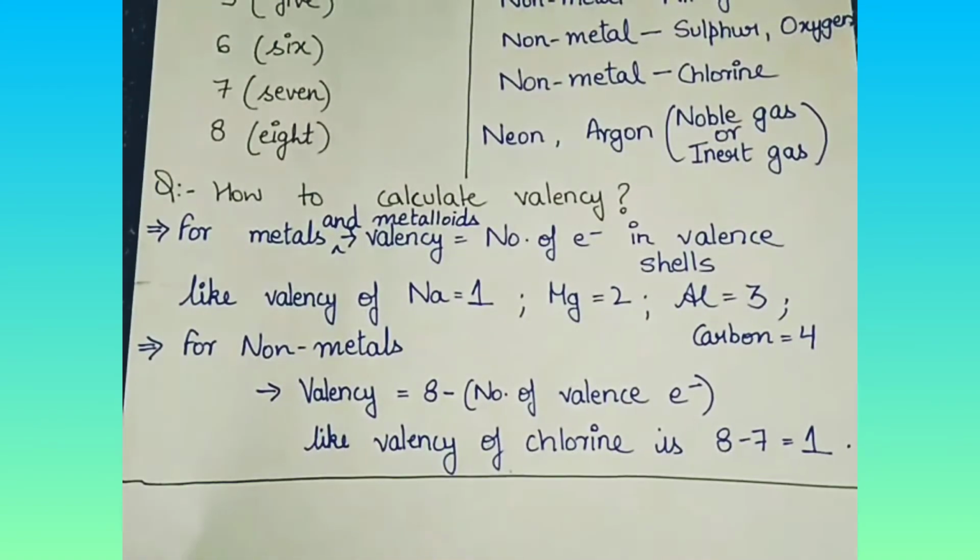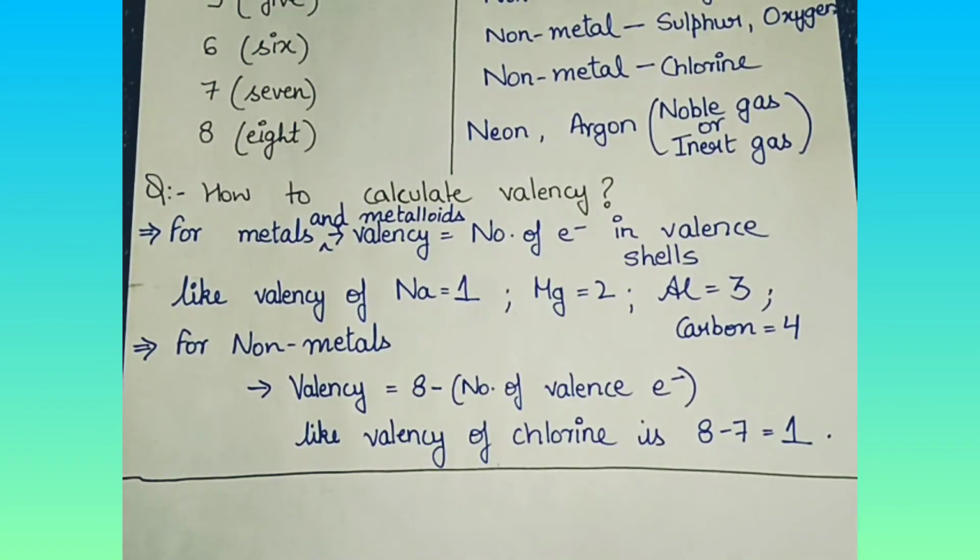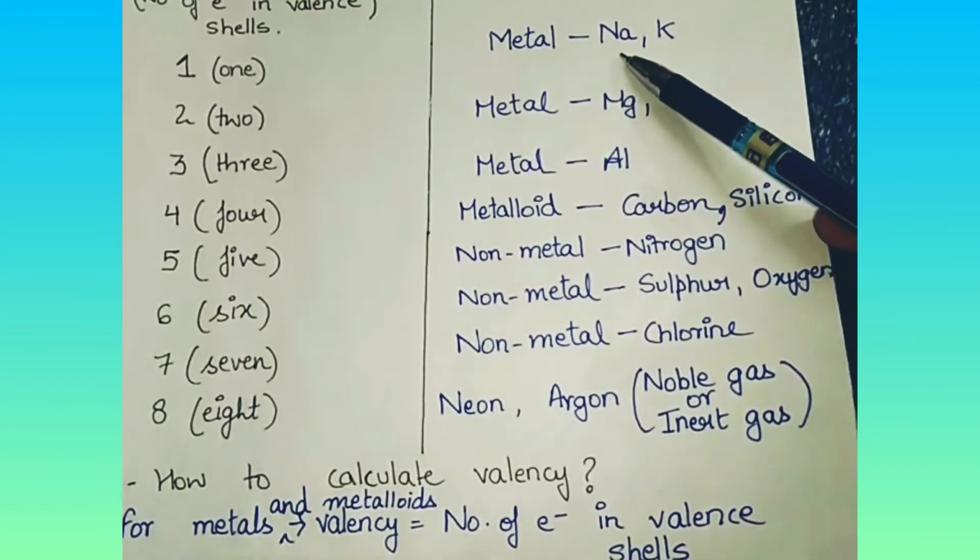Let us come to a part, how to calculate valency. So, what is the method by which we can calculate valency? Children, for metals and metalloids, means the atoms having 1, 2, 3, 4 electrons in their outermost shell will have the same valency as their valence electrons. Let us take an example of sodium.